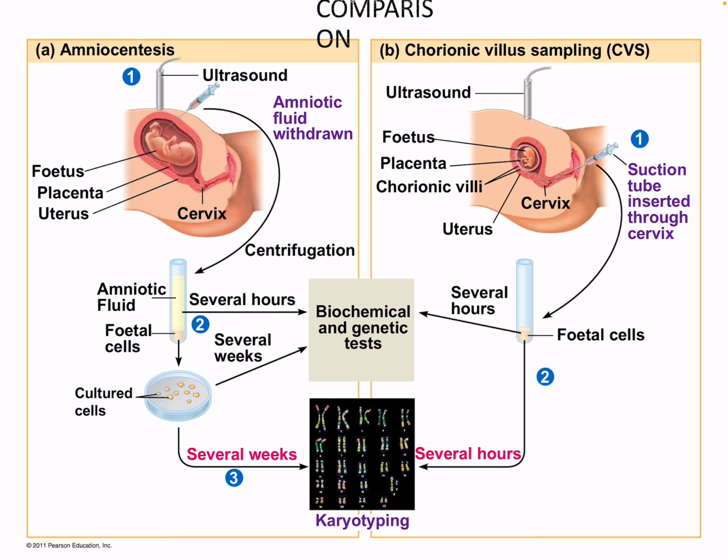Okay, so this slide shows a comparison between the procedures of amniocentesis and chorionic villus sampling. And you can see the main difference between them is the time taken to generate the karyotype. Several weeks for amniocentesis, but several hours for chorionic villus sampling.